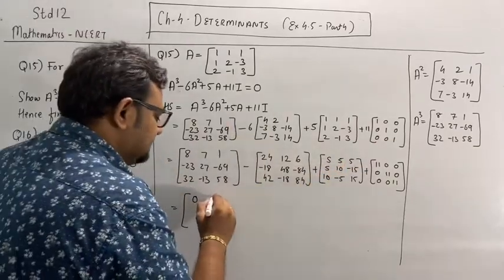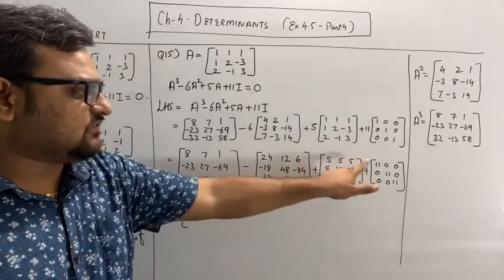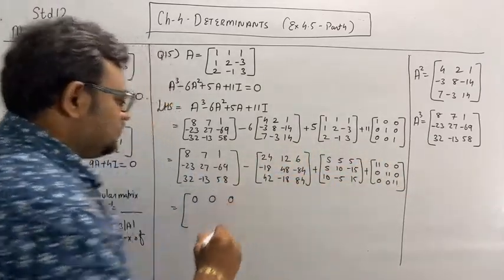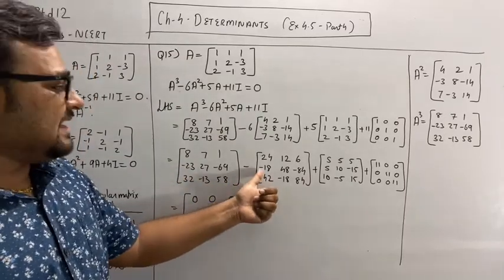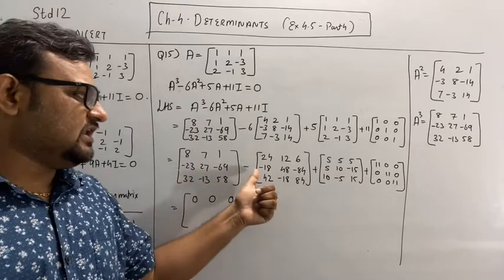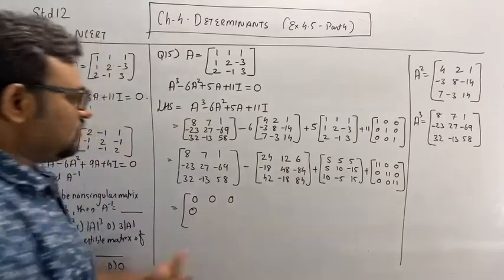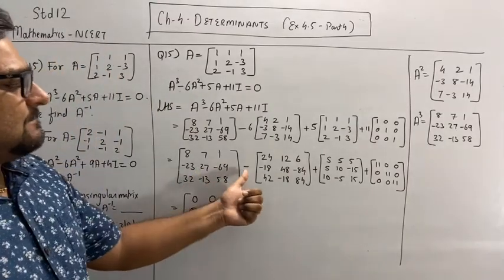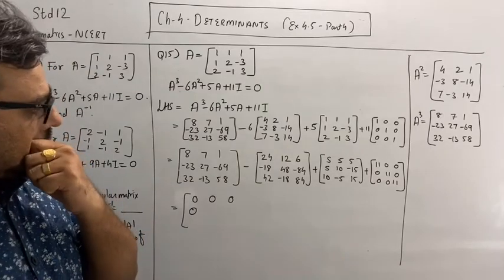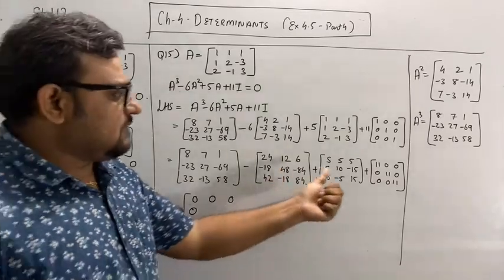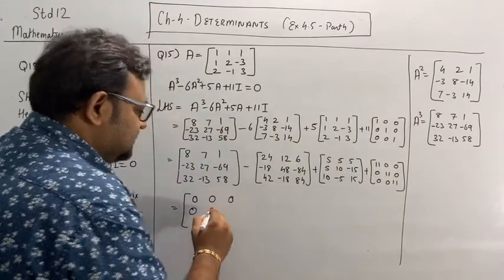So it's 0. 1 minus 6, that is minus 5, plus 5, plus 0, 0. Minus 23 minus 18. So minus 23 plus 18, minus 5, plus 5, 0, plus 0, 0. 27 minus 48, that will be equal to minus 21, plus 10. So minus 11, plus 11, 0.